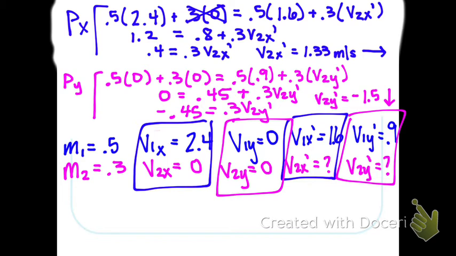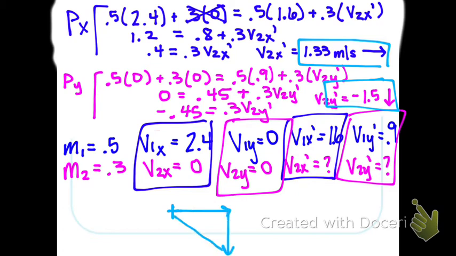So we're almost done, right? These two values give us the components of our final velocity. So we come down here, we say, okay, my second puck's going to go east and it's going to go south. And so here's going to be the actual triangle, or here's the actual speed.